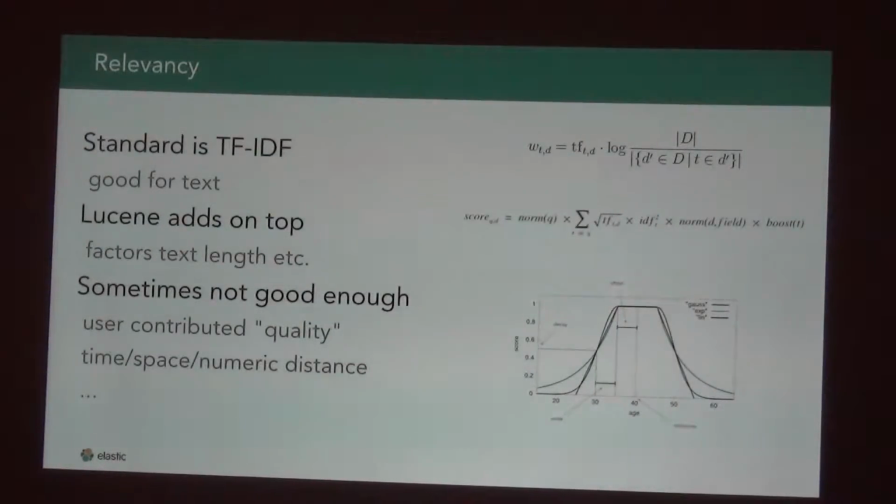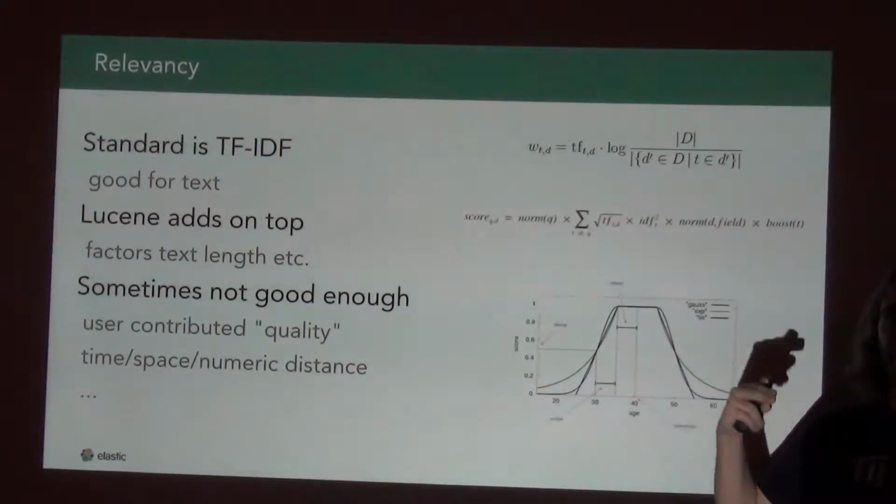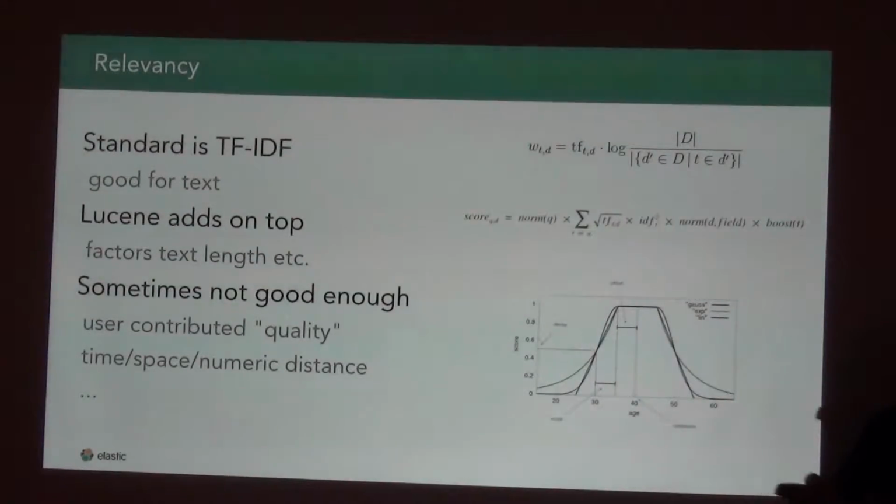And these two together will give us an idea about how good a match this is. Because if we found a word twice, but it is in every single document out there, that's not really relevant. That doesn't mean much. But if we found a word even once, and it only occurs in 1% of our documents, that actually means something. That means much more.